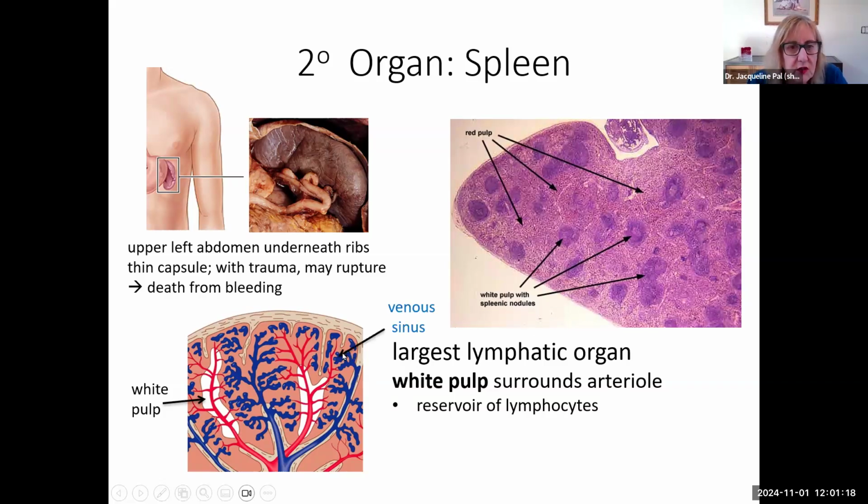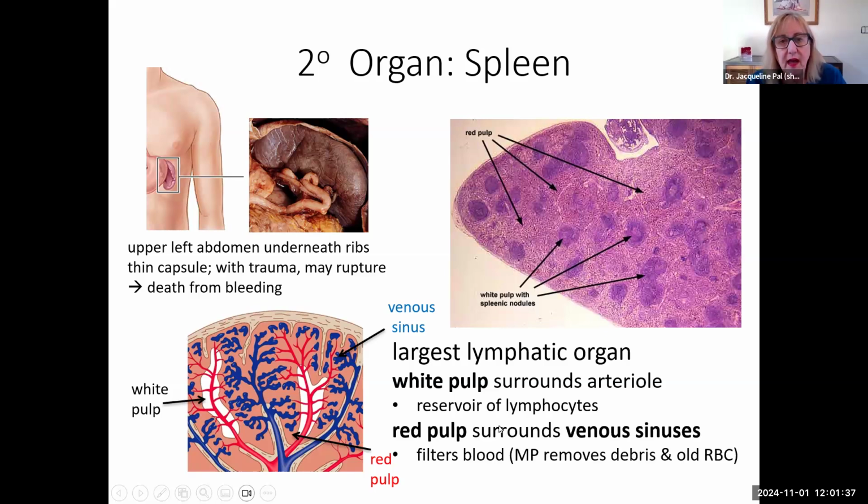These tortuous venous areas are called venous sinuses, and the pink area is known as the red pulp, because this is where the blood has drained from the arteriole. It goes into the red pulp before it goes into the venous sinus.